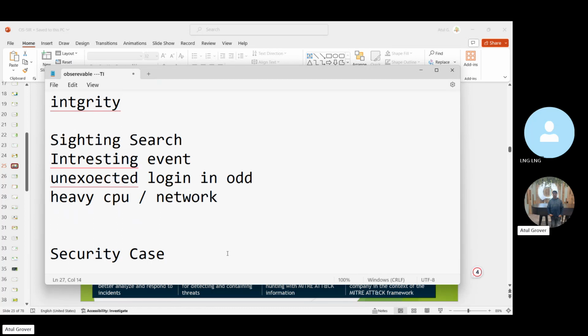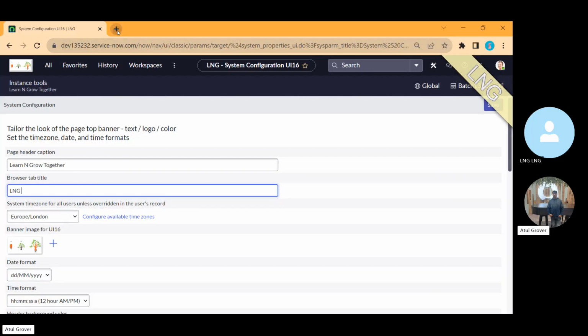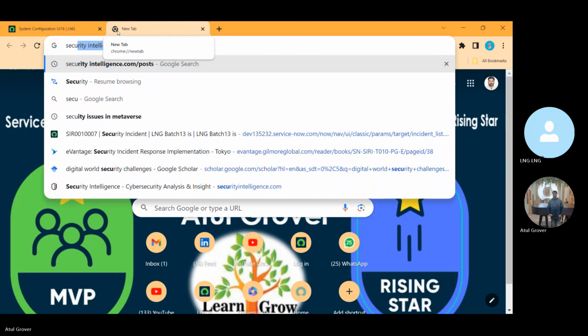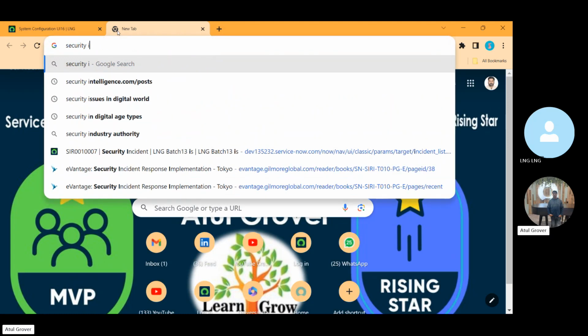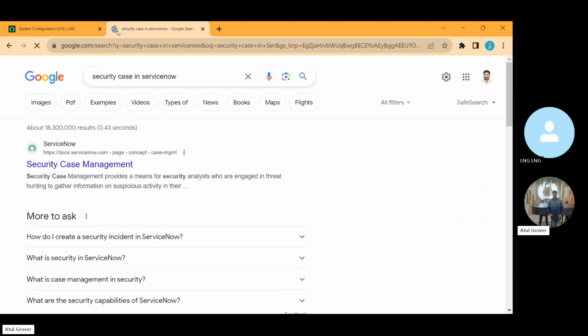I cannot show you. Let me see if I can show you something on the internet here. A case in ServiceNow. Yes, this one. It's security case management.